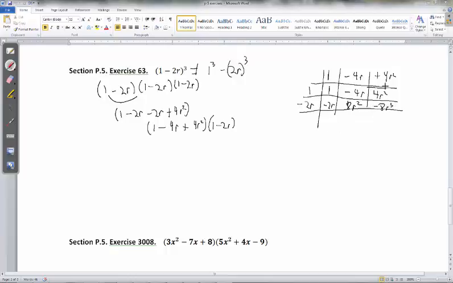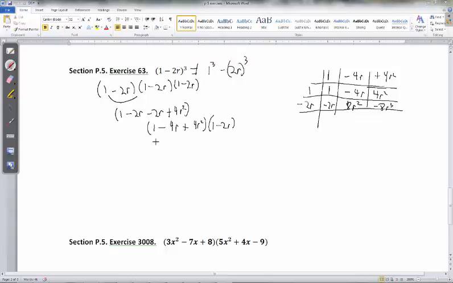And you can see the nice thing about this setup, I have diagonals that have like terms. 4r squared, 8r squared, negative 4r, negative 2r. But the way I generally do these is I just go systematically, and I just indent a line after I finish with one of my terms over here.